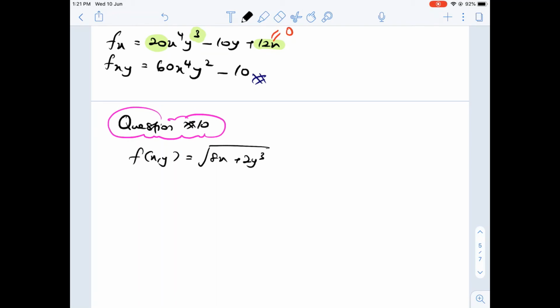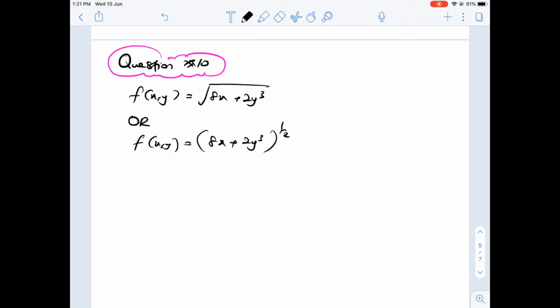Or we can also rewrite this as f(x,y) equals 8x plus 2y cubed to the power of half, so that we can differentiate this easier. The question asks you to find the slope in y direction.